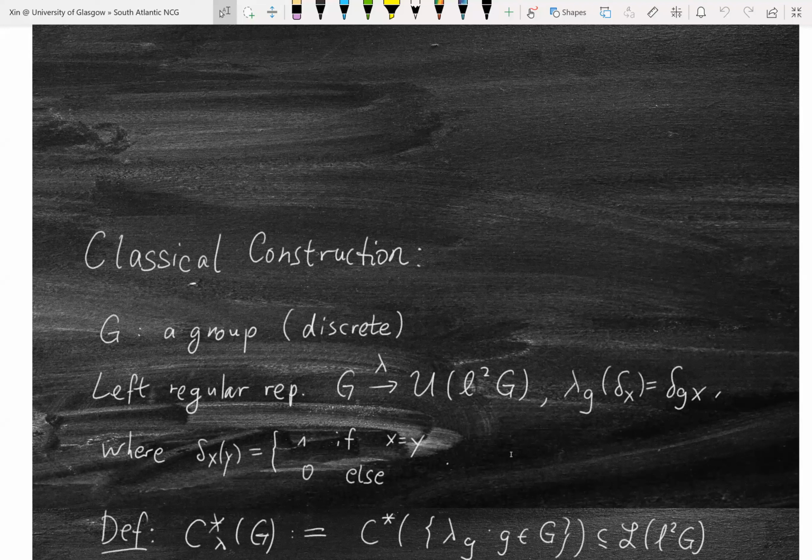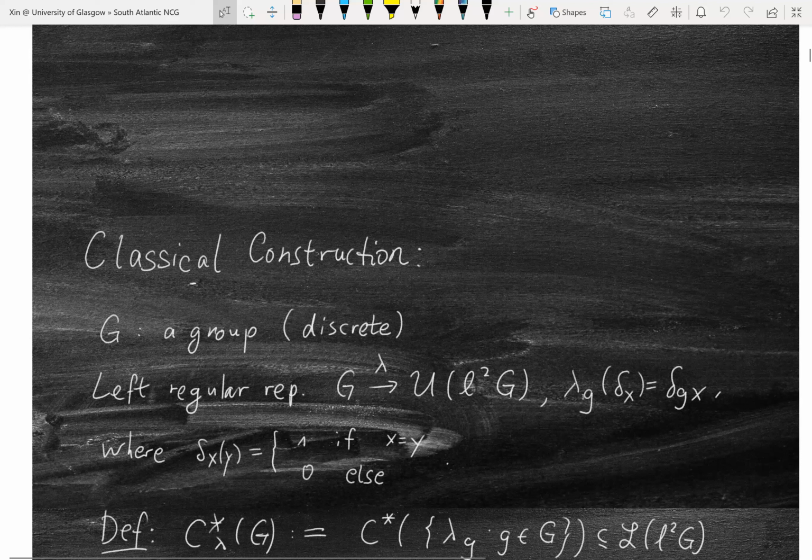So you let the group act on itself by left multiplication, and then you form the Hilbert space L2 of G, and you use this multiplication to, first, start off by shifting around the basis vectors. So the deltas are the canonical orthonormal basis.